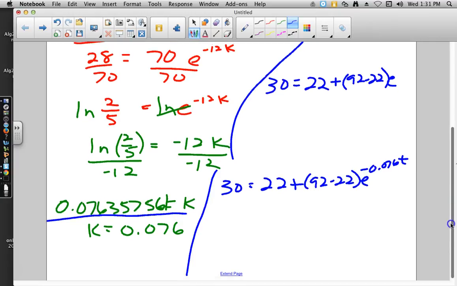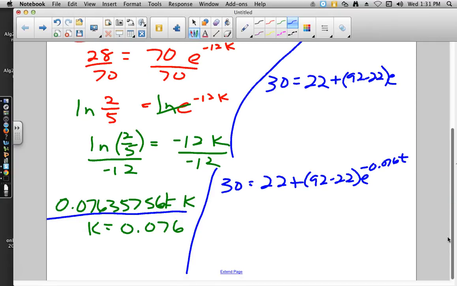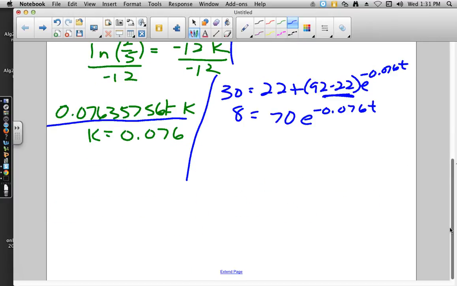So now we go ahead and do some math. We can go ahead and subtract the 22 from both sides right away, and we already know what this is. We had to use it for the other one. And we see we're in the same situation where we would divide both sides and we would have our 8/70ths, which again we would reduce by 2 to 4/35, and then we'll have e to the negative 0.076t.